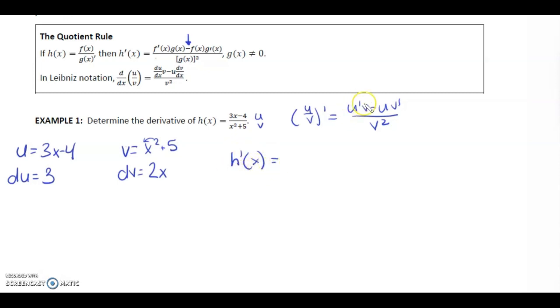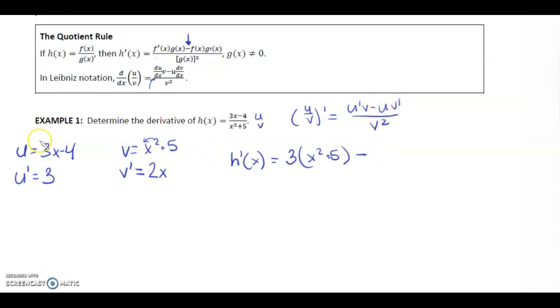Let's change that to u prime; I like u prime and v prime better, because then we don't have to put what we're differentiating with respect to. So u prime is 3, and then v is x squared plus 5.